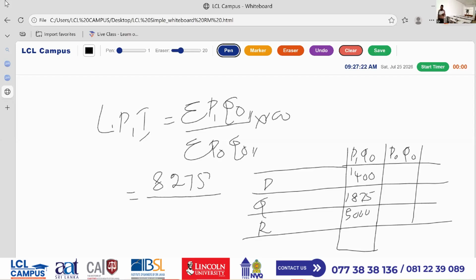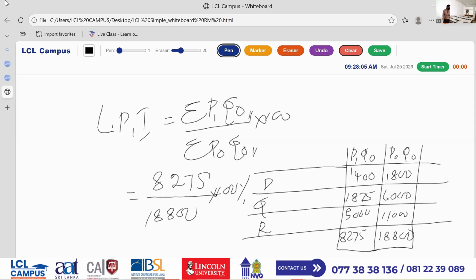That is 1800. Then 400 into 15 is 6,000. Then 550 into 20 is 11,000. Take the total of that: 11,000 and 6,000 is 17,000, and with 1800 it is 18,800. So 18,800 comes from here, and here we got 8275. 8275 over 18,800 into 100.